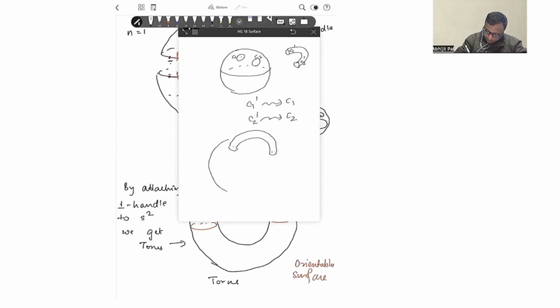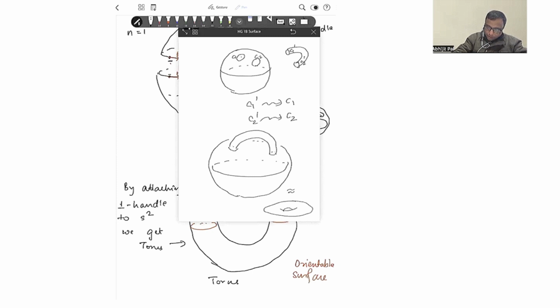A handle is attached on a sphere, and this is again homeomorphic to the torus.